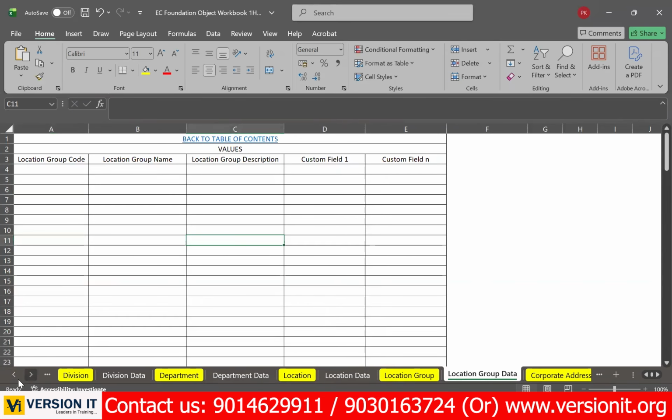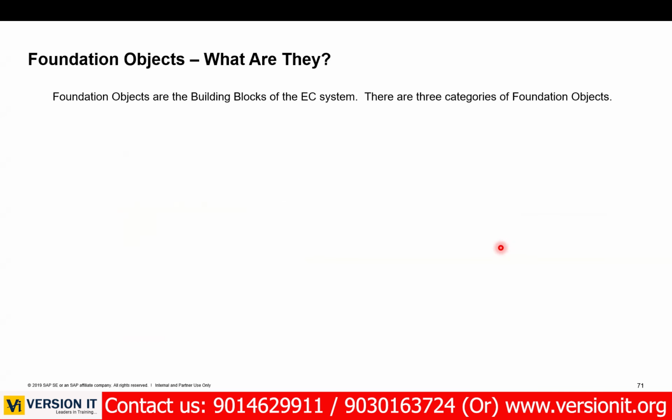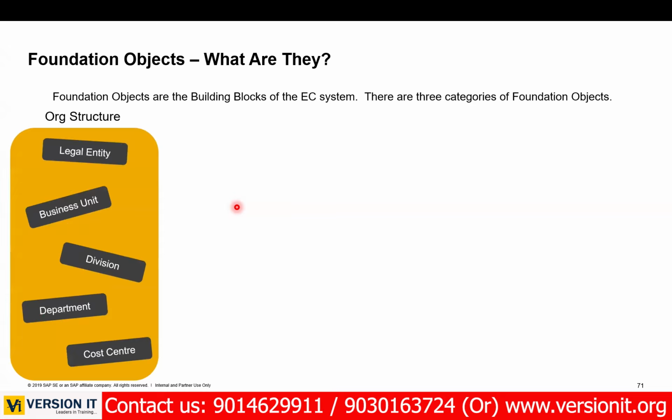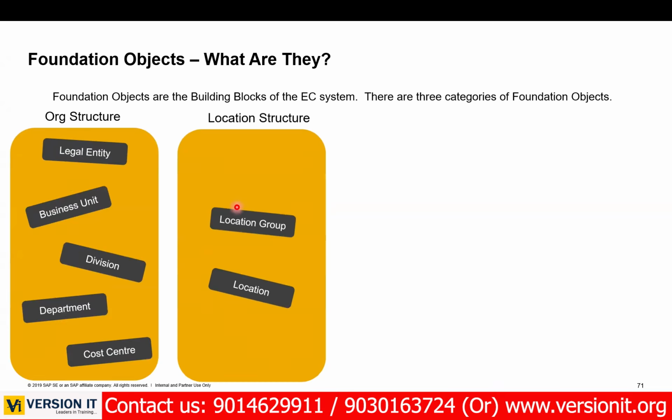We use this one. Employee Central foundation data. Foundation objects, what are they? Foundation objects are the building blocks of the EC system. There are three categories of foundation objects. Org structure: what are the objects in org structure? Legal entity, business unit, division, department, cost center, which come under MDF, right, sir? Yes.